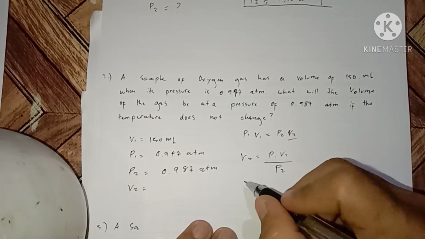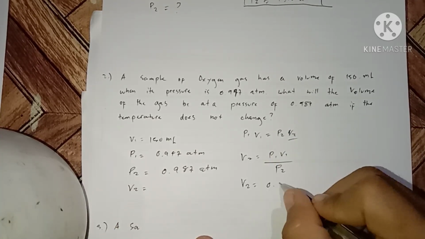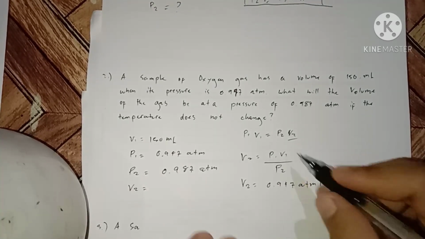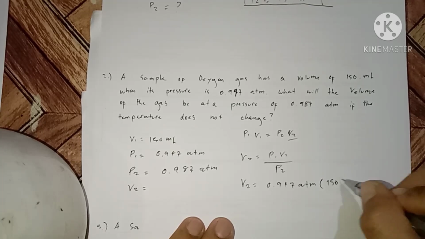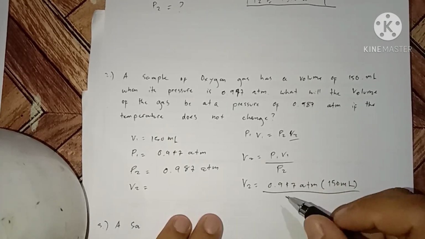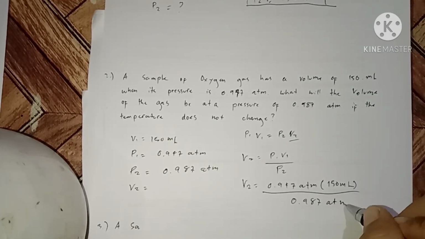So proceed to the value of P1, 0.947 atm, times the value of V1, 150 ml, over the value of P2, 0.987 atm.